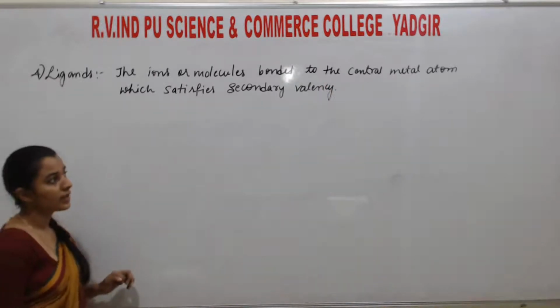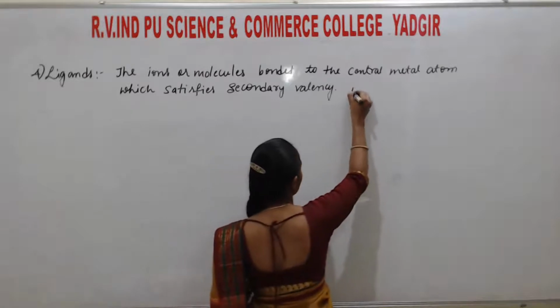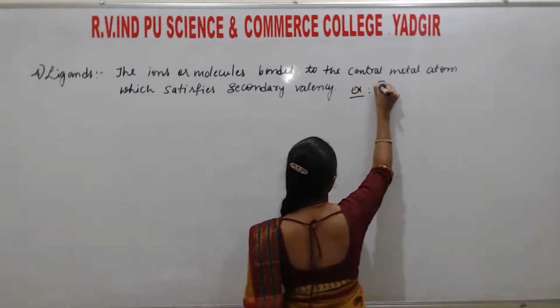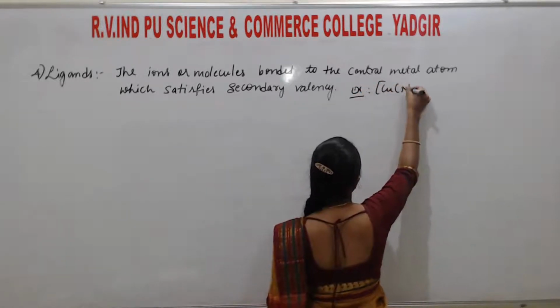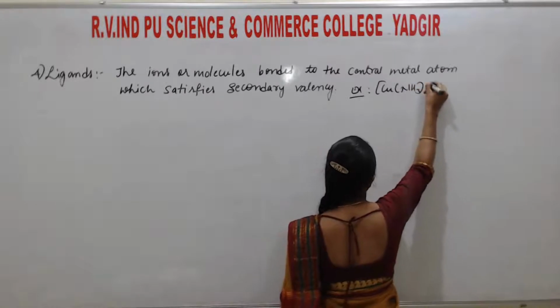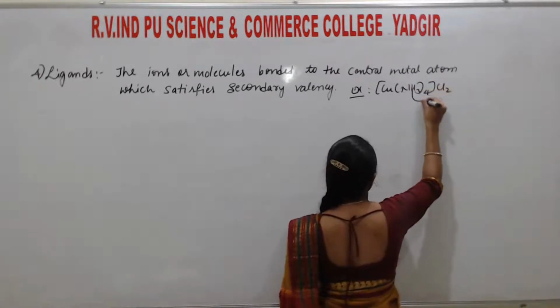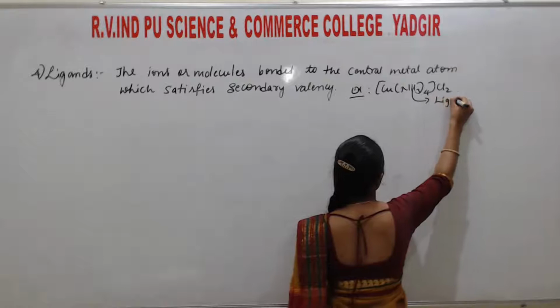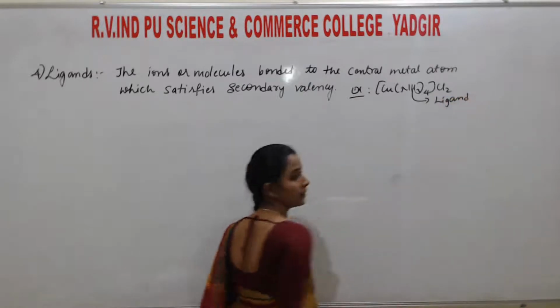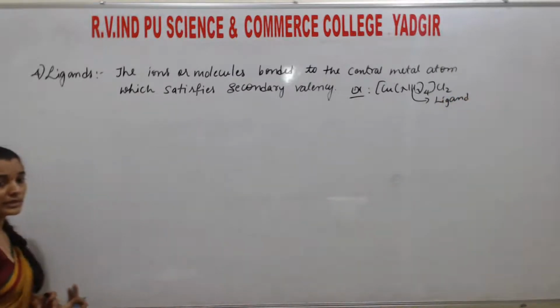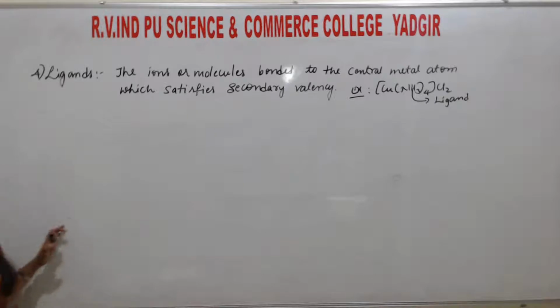So in the example, as I told you, [Cu(NH3)4]Cl2 is there. This NH3 is a ligand.